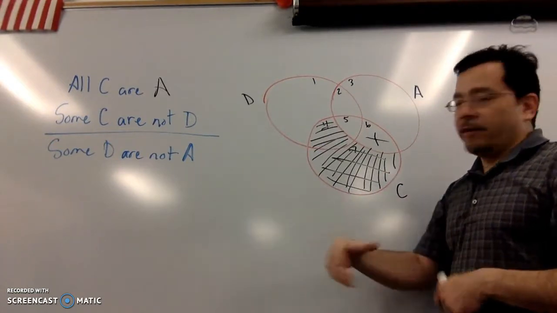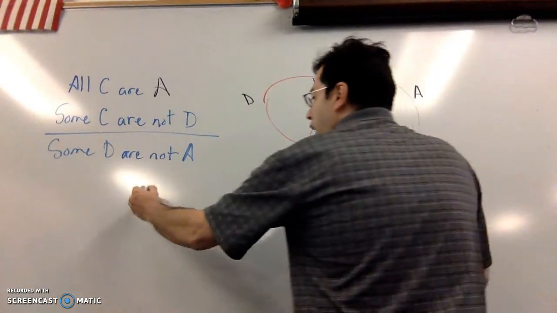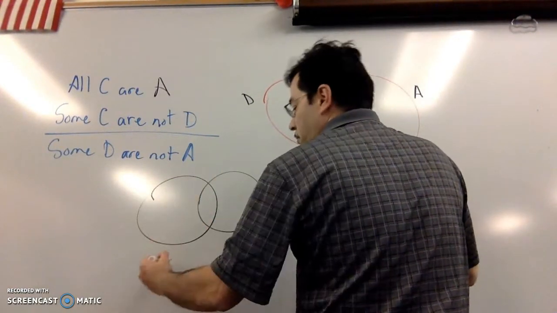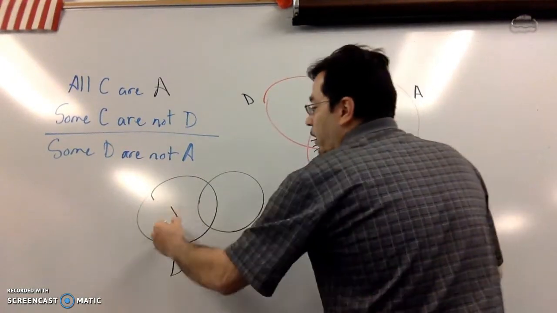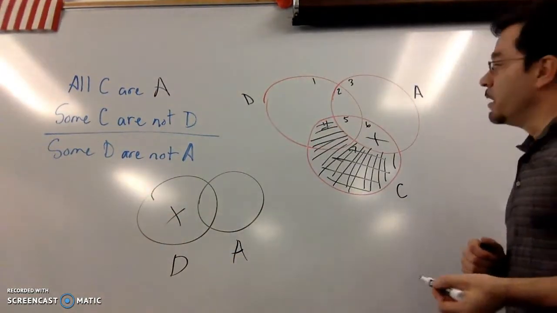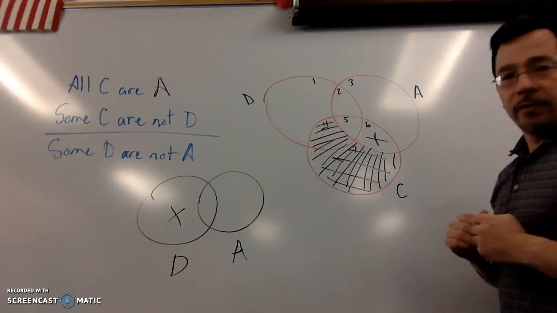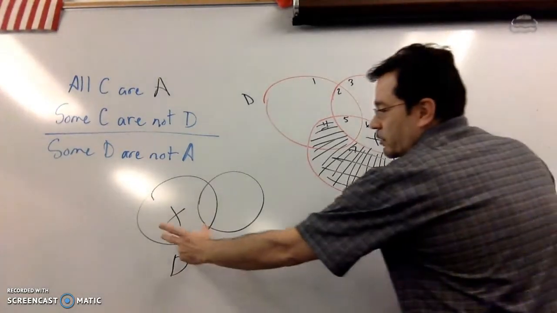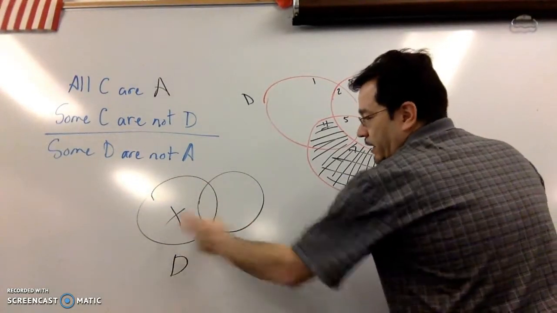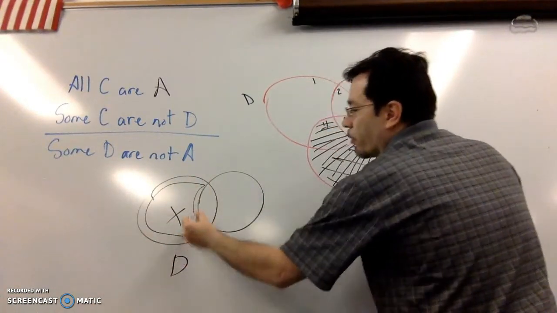Now, here again is that moment of truth. Let's go to the conclusion, and we're going to set up the conclusion. We have D and A, and it's saying there's at least one D that's not an A. So we're going to go to the D and A circle, and if this syllogism is going to be a valid one, we should be able to look just at the D and A circle and see an X somewhere in this territory.